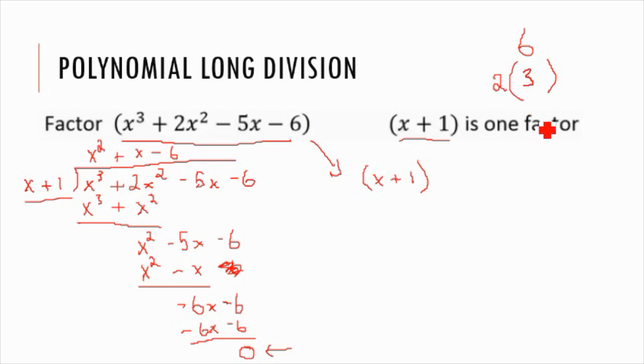And what's left is a 3. 2 and 3 are both factors of 6. So I'm going to factor out x plus 1. And so what's left is this polynomial divided by x plus 1. And what is that? Well, we just found that to be x squared plus x minus 6.